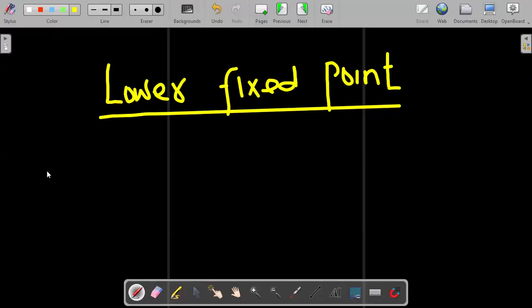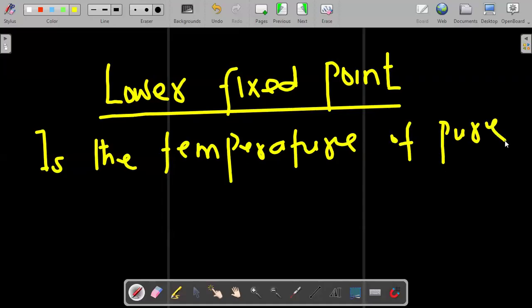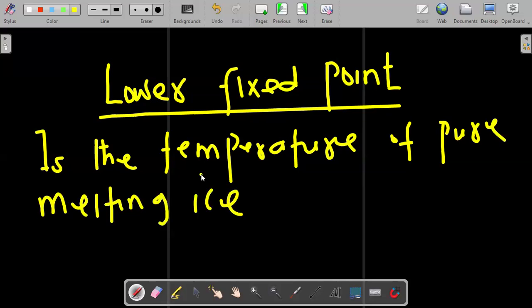The lower fixed point is defined as the temperature of pure melting ice at standard temperature.